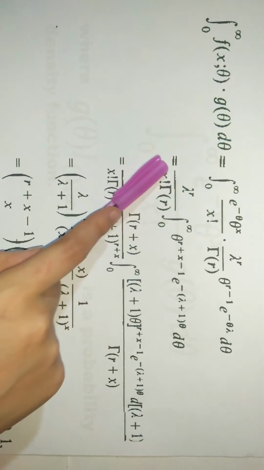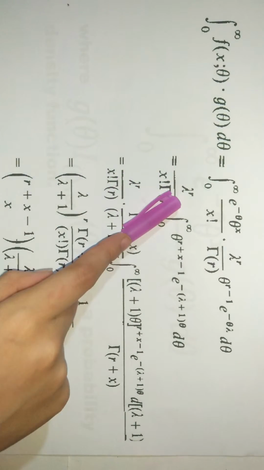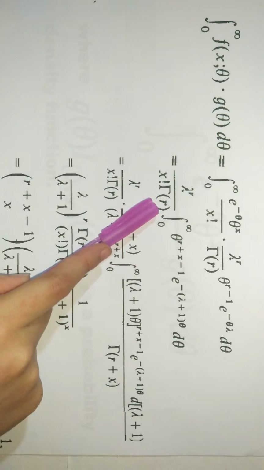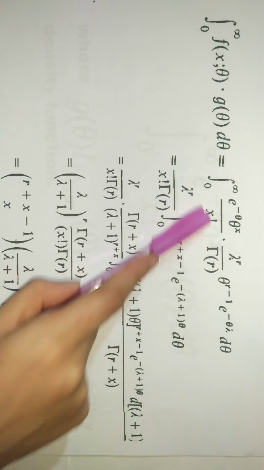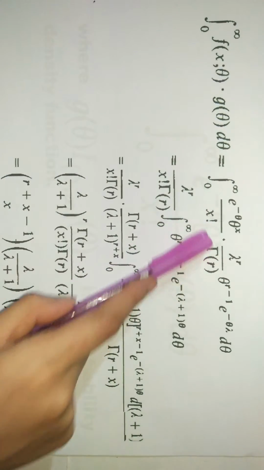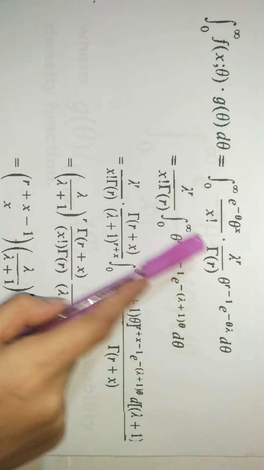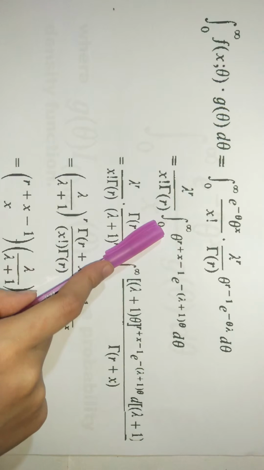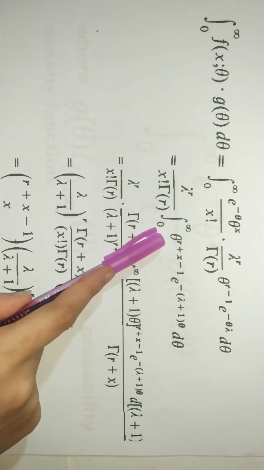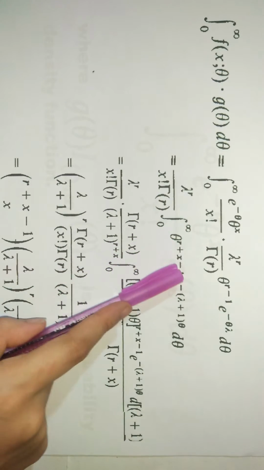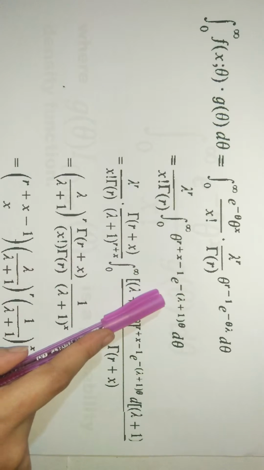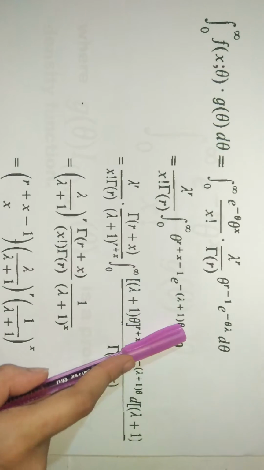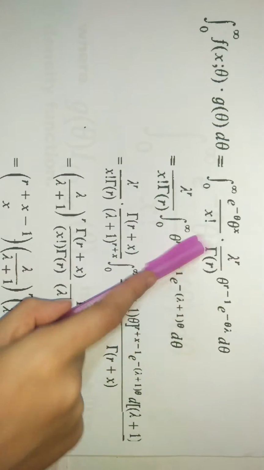Then it is equal to lambda raised to r over x factorial times gamma r, which we combine, and we multiply it with the integral of theta raised to r plus x minus 1 times e raised to the negative lambda plus 1 raised to theta d theta evaluated from 0 to infinity.